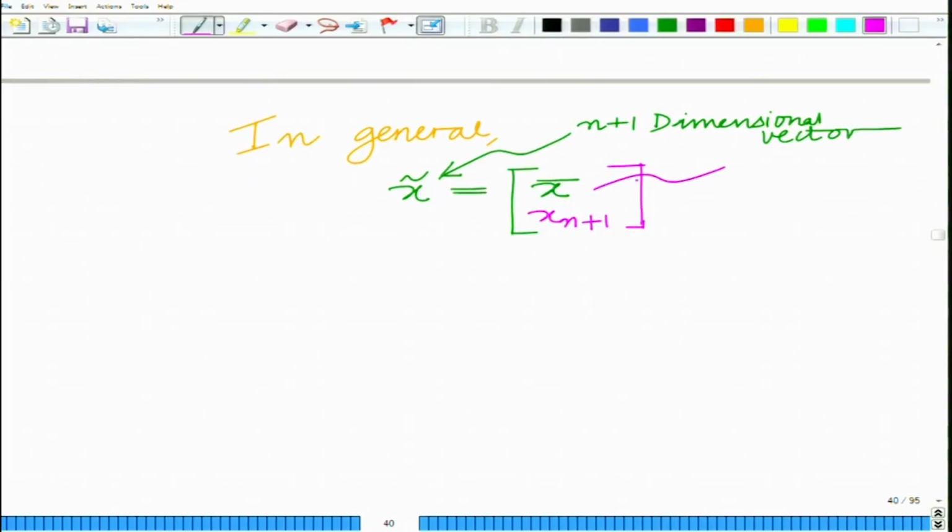This is an n dimensional vector x bar, and this is x of n plus 1, an additional coordinate. So, we have an n plus 1 dimensional vector x tilde.